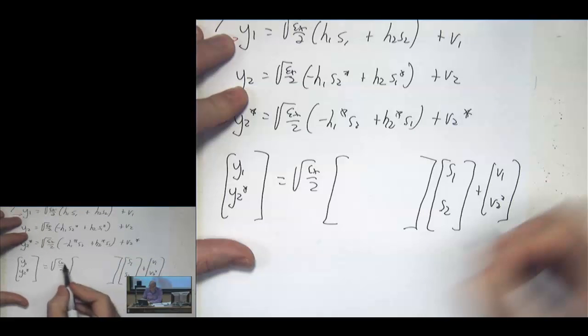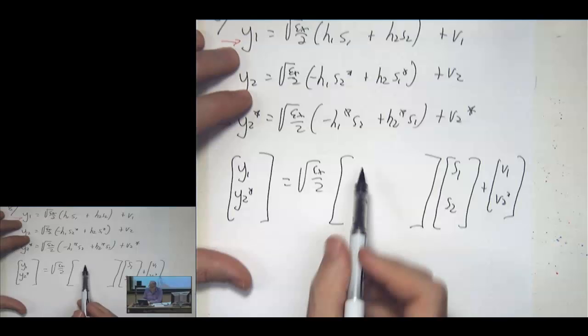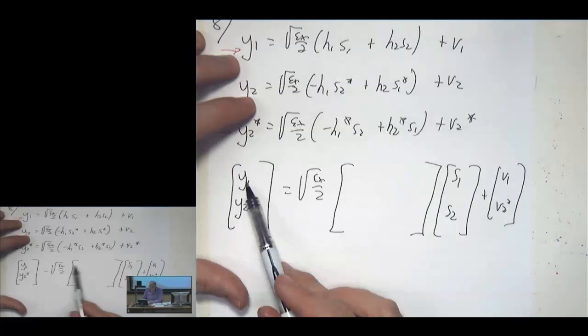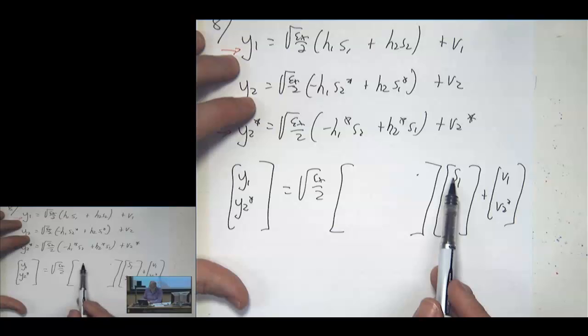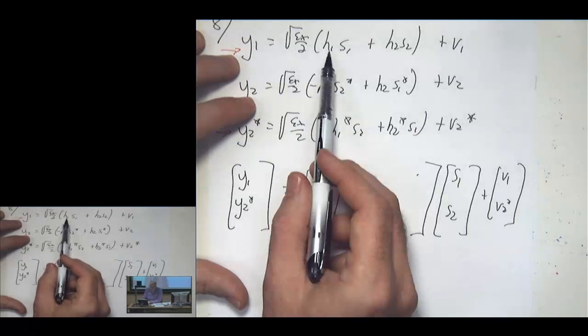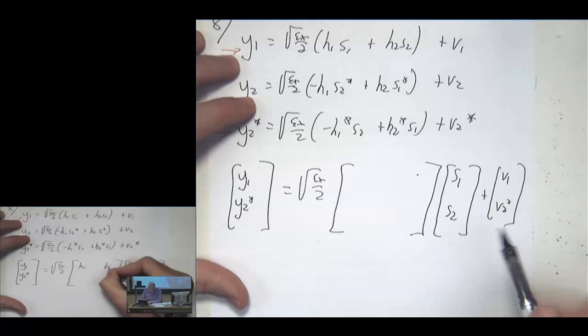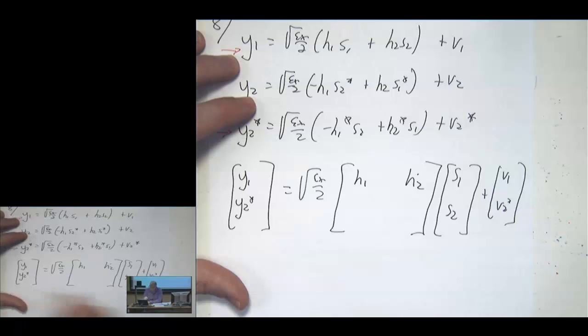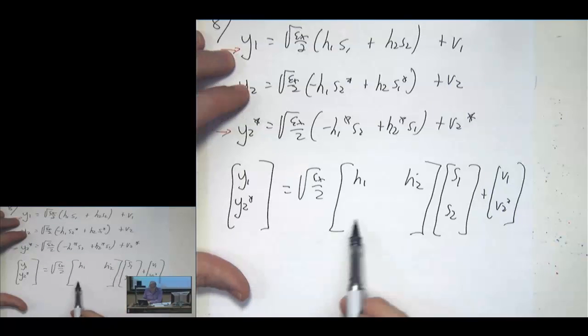So then the question is, what goes in this box here? Well, we just have to follow through. This is going to be this row times this column. So we look over here, this is h1 times s1 plus h2 times s2. So we put that here, h1, h2. Now let's go to the second row.